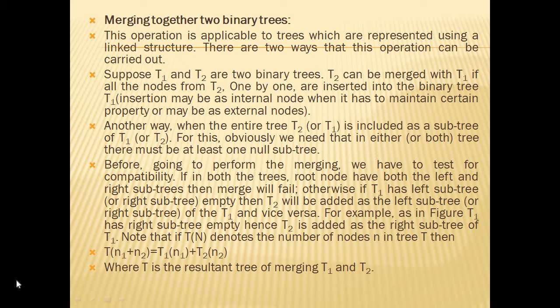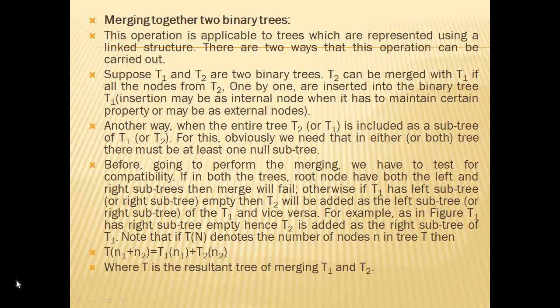If you want to merge T1 with T2 or T2 with T1, generally it will use only the insertion process. From one binary tree to another binary tree, it will choose every node and perform the insertion operation.